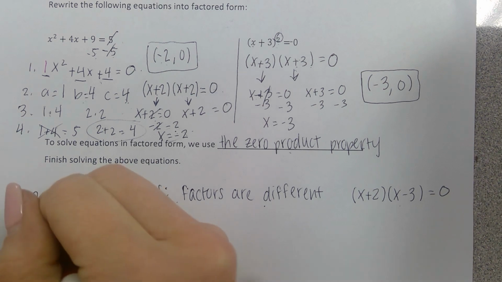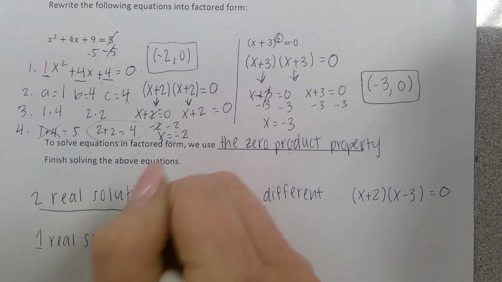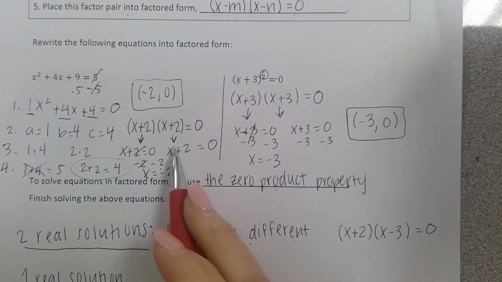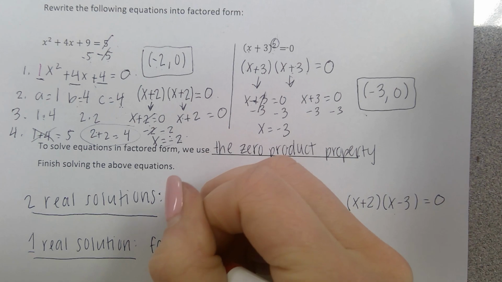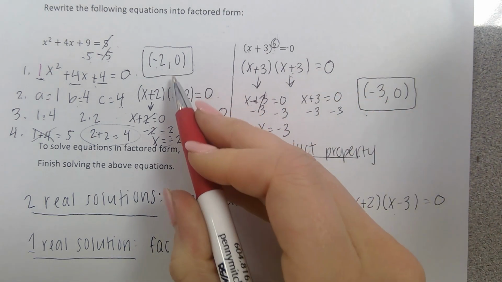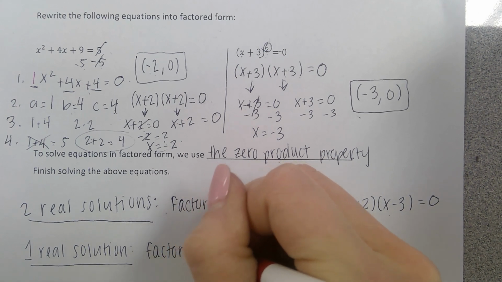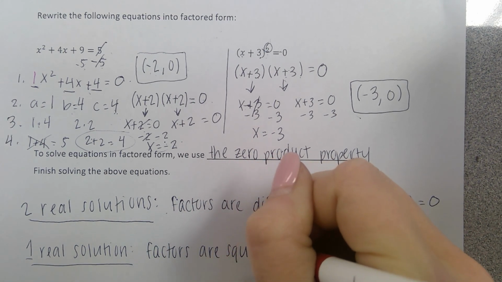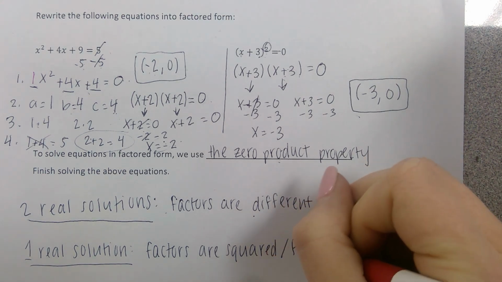Now if I just had one real solution, we might notice up here in our examples, we only ended up getting one real solution. That's because the factors were either squared or they repeated. So we can say the factors are squared, or the factors repeat.